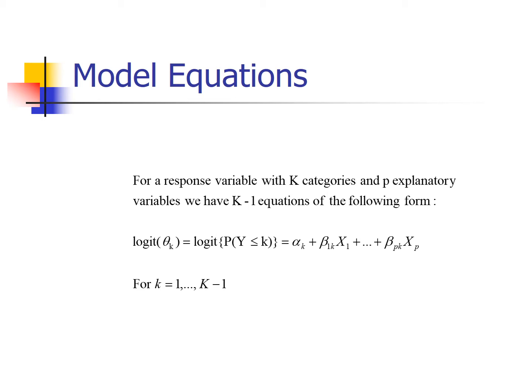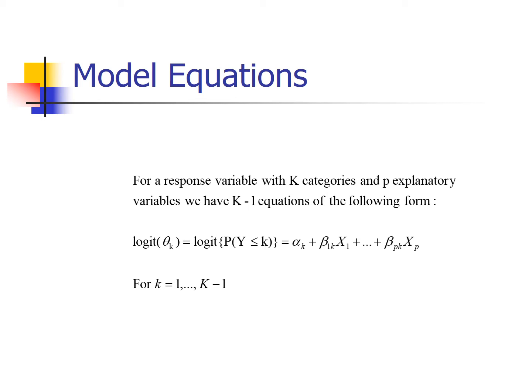There's that theta, which is essentially all the probabilities less than or equal to it. So theta 4 would be all the probabilities less than or equal to 4, so it would be pi 1 plus pi 2 plus pi 3 plus pi 4.